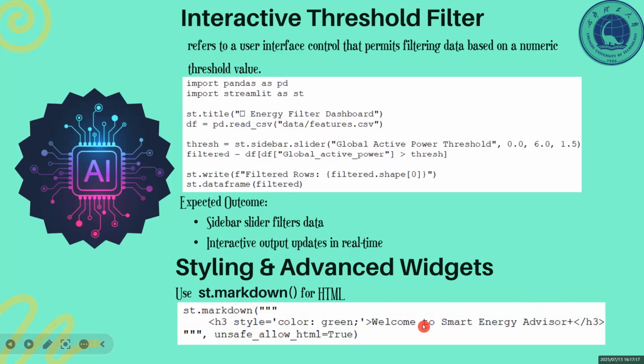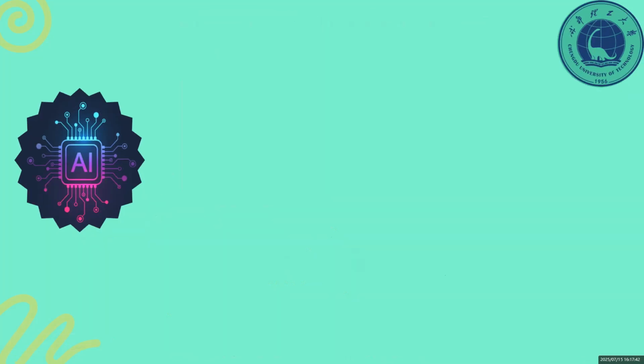In this case, we are writing a text, welcome to Smart Energy Advisor Plus. We are putting the style as H3 and then the color as green. So you're going to see the reflection of this code in the seminar section. Like I said, the st.markdown function is just to customize styling, just to decorate whatever you're doing.